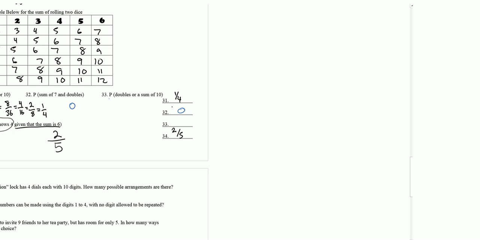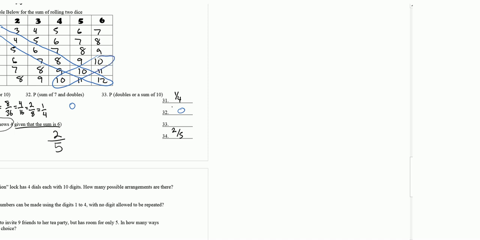And then number 33, probability we get doubles or a sum of 10. So the doubles, I'll circle them. Okay, those are my doubles. And then here are my sums of 10. So I'm going to count how many I have.